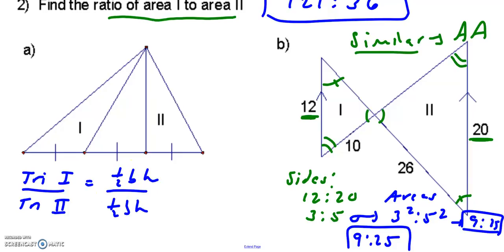Now, in this situation, I don't know any numbers, but I do know that all of these segments are the same. So if I call this base, let me use a different color, if I call this base, this would be base and this would be base because they're all congruent. And we know that height in this area chapter is always perpendicular.